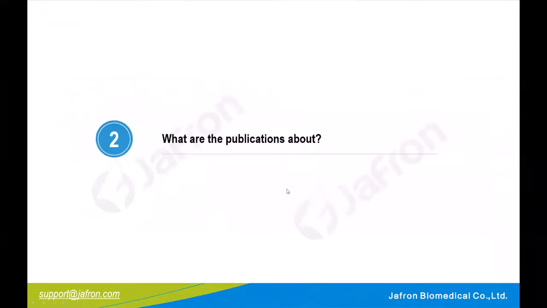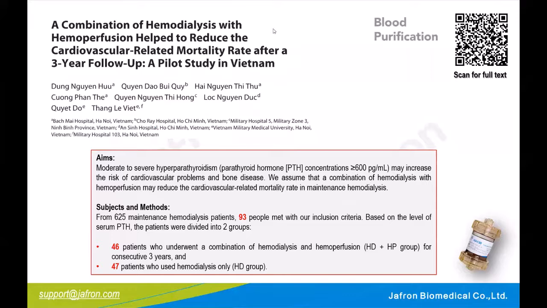Okay, now we come to the second part. We are going to share the 10 publications that detail the benefit for the patients through the hemoperfusion therapy. First of all, we are going to share the publication of the HA-130, and this publication was published in Blood Purification this year, and it was from Vienna.